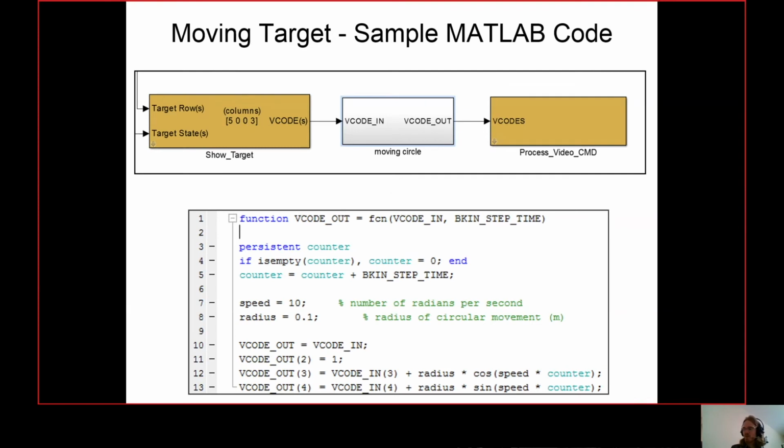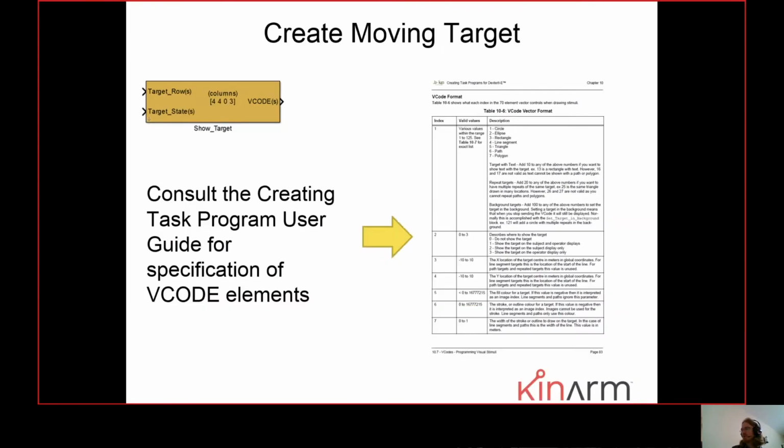The important part here, if you are attempting to create a moving target, is you will notice items 3 and 4 in that array are the X location and the Y location of the target. So if you change elements 3 and 4 of your array, you'll be changing its position.